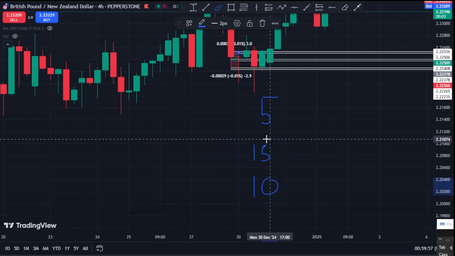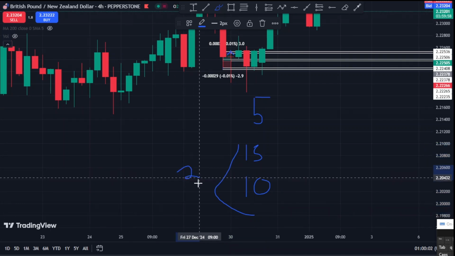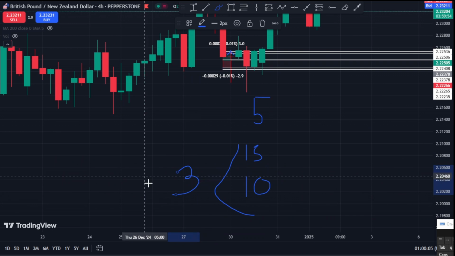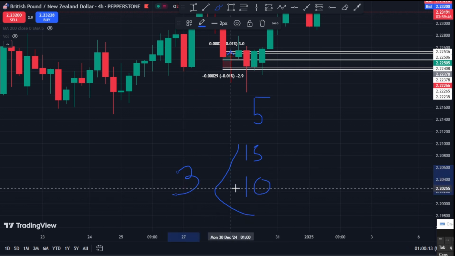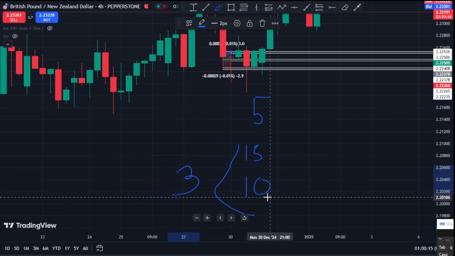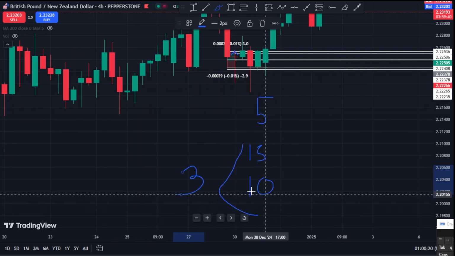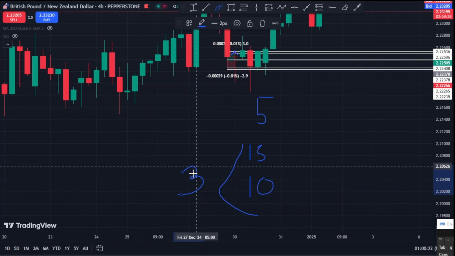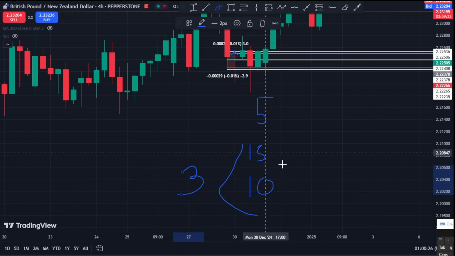And if you are looking for 10 pips and your spread is 3 pips, you have a very high chance of hitting that. You'll probably be taken out at around even 7 pips. So with 3 pips in 10, there's a big chance of getting stopped out.